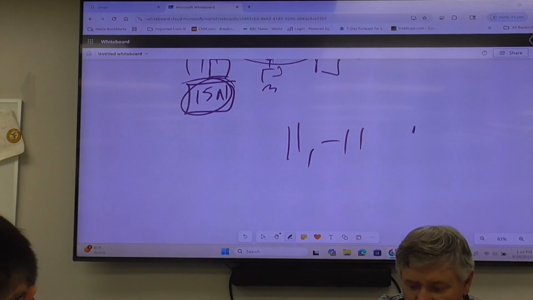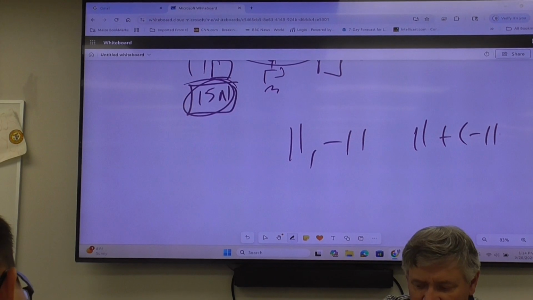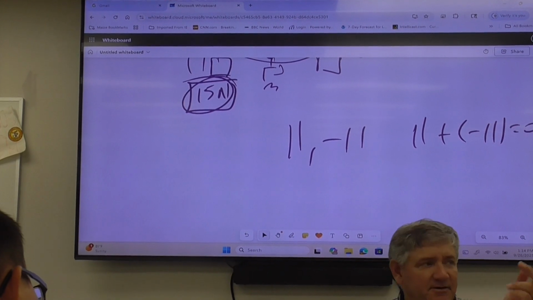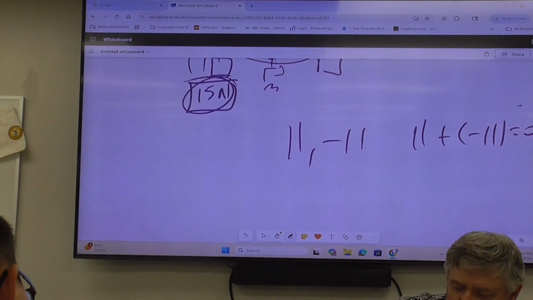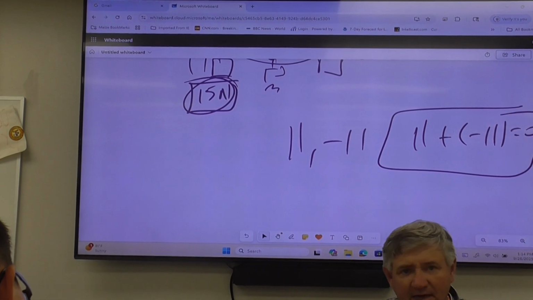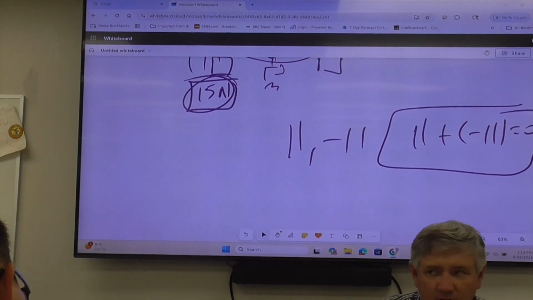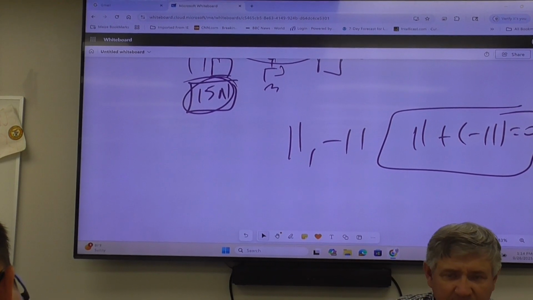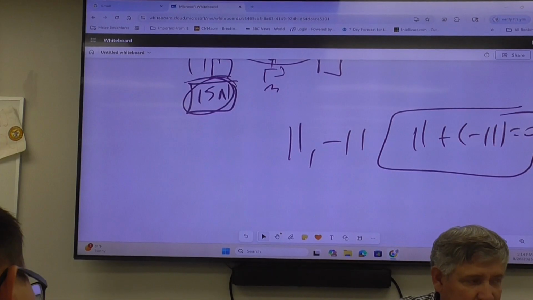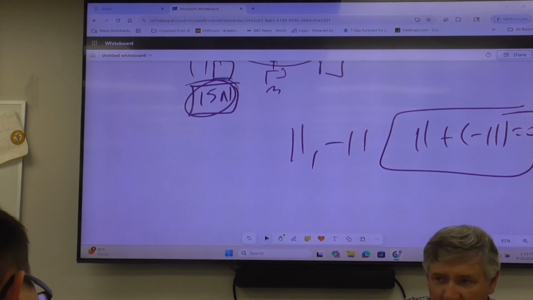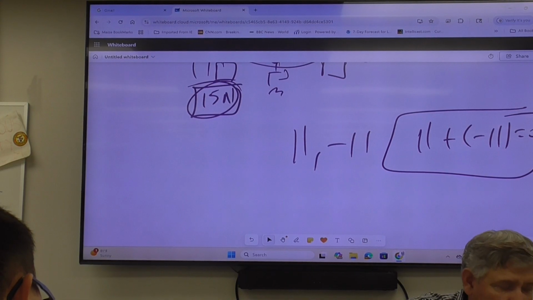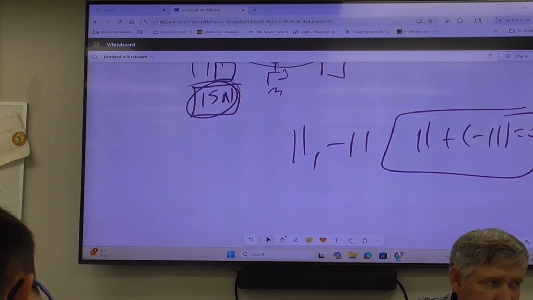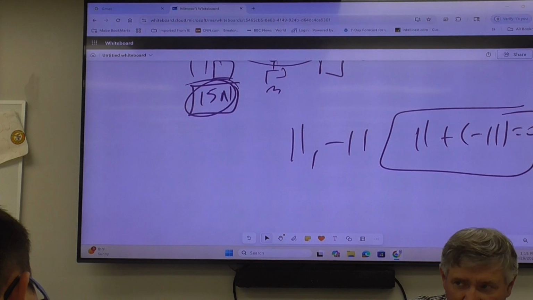Now, if you put 11 plus a negative 11 equals 0, now you're talking my mathematical love language, because now you're showing that that sum is actually 0. Two numbers written down separated by a comma are just that. It doesn't mean anything. You want to show what those sums are. Okay? Good with that.